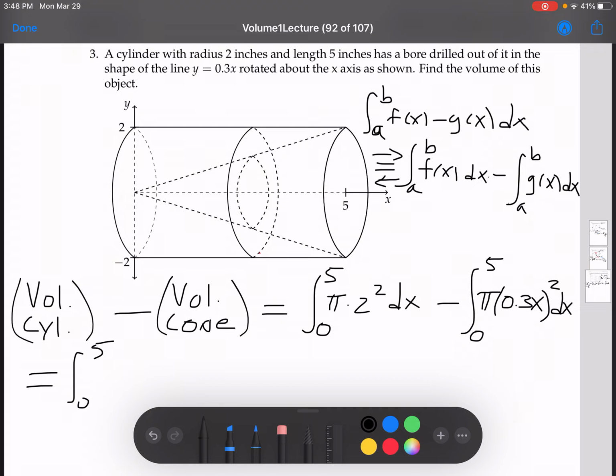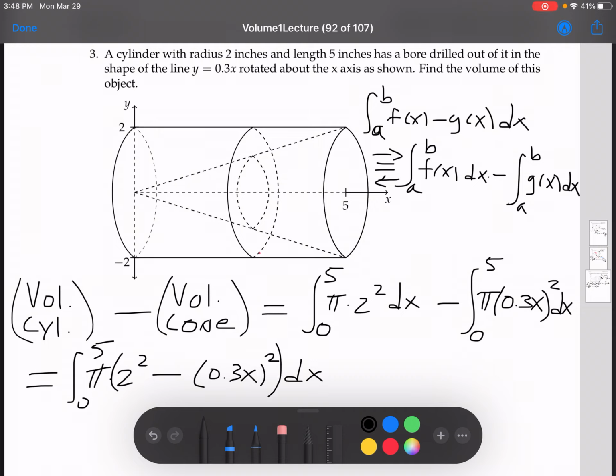The integral from 0 to 5 of pi times 2 squared minus pi times 0.3 x squared dx. And now notice this pi here, it occurs in both of them. So using the distributive property, we can pull that pi out. So I'm just going to do that right here.